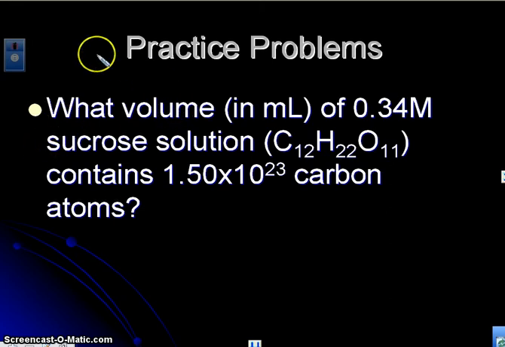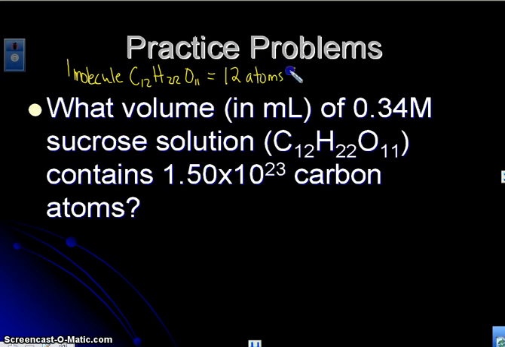Now we know that in 1 molecule of sucrose, which is C12H22O11, it contains 12 atoms of carbon. And so we know that we'll need to use this as a conversion factor to go from atoms of carbon to molecules of sucrose.